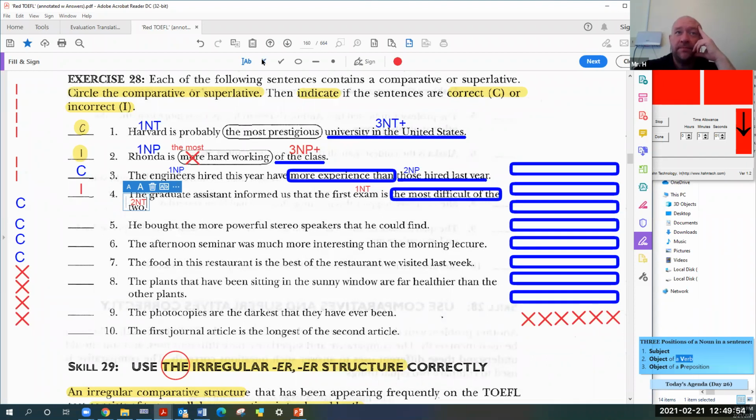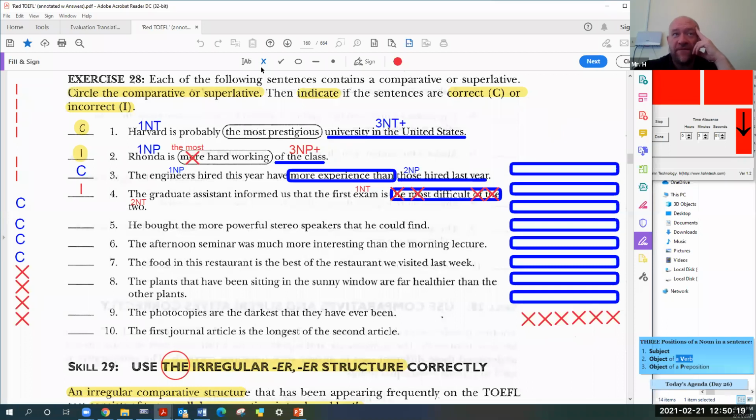Can you see the problem? Yes, you should replace it with is more difficult than. Exactly. You cannot use the most difficult. And we cannot say of.